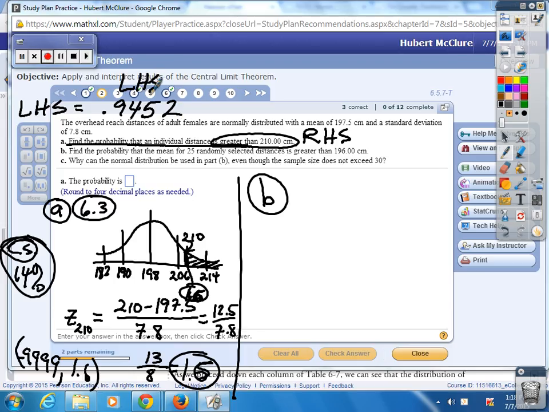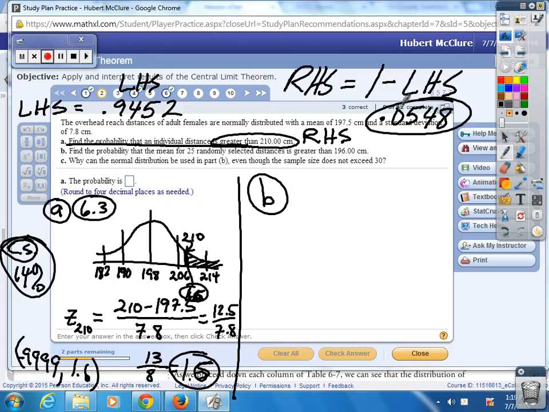And the right-hand side is equal to what? The complement of the left-hand side, which is 1 minus the left-hand side. So $1 minus 94 cents is around 6 cents. So 0.0548. Is that what y'all get? So about 6%. Mine was off. Okay?